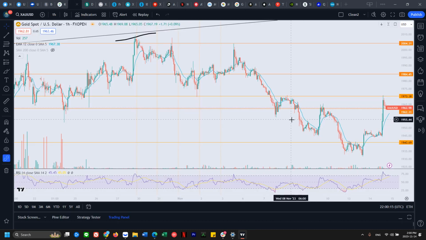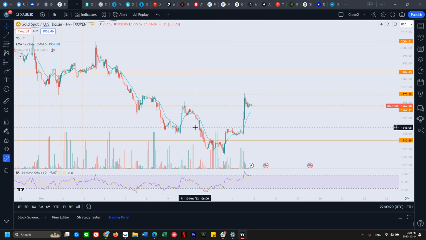Look at gold. So gold, big bounce today due to the US dollar dropping, because the US dollar's CPI data came in slightly below expectation, and the dollar tanked, because better CPI means less inflation. Less inflation means fewer rate hikes, so more rate cuts essentially, and less of those rates held for longer.